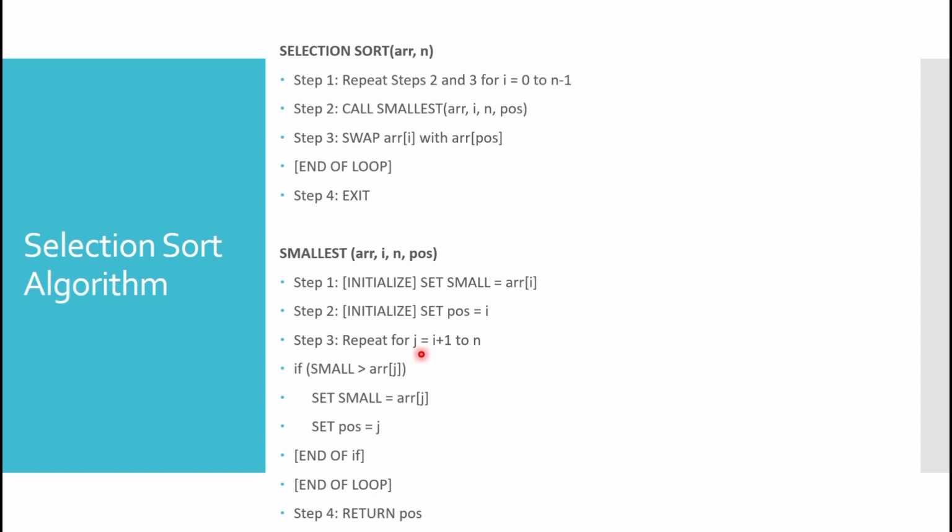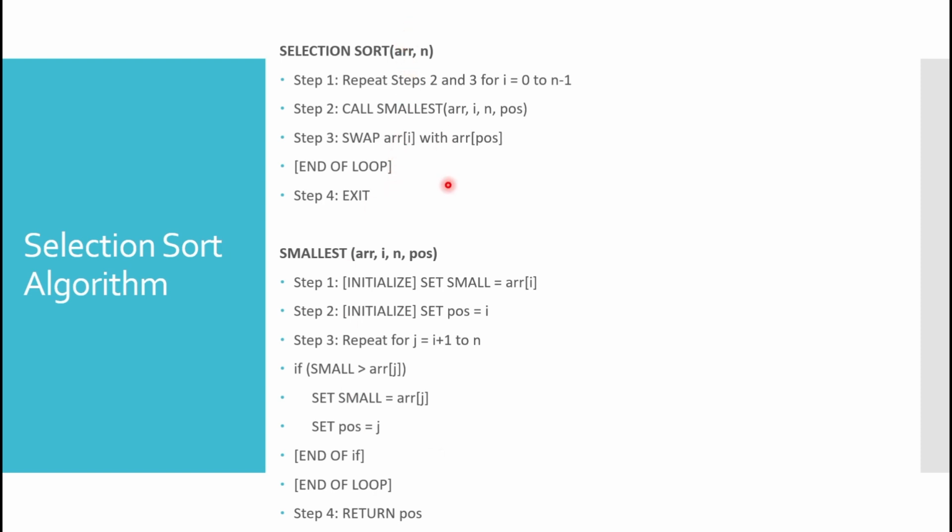Then we iterate from i plus 1 to the length of the array. We repeat that loop, and once we get the smallest element from the loop, we swap both the elements. That is how we iterate the elements and come out of the loop.